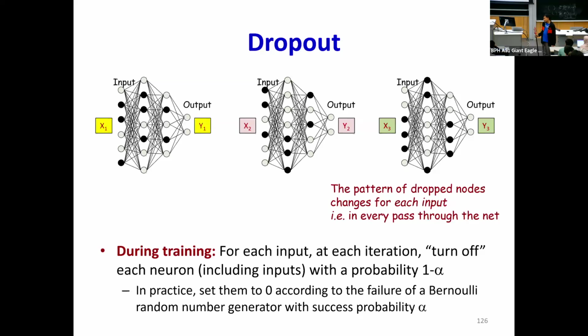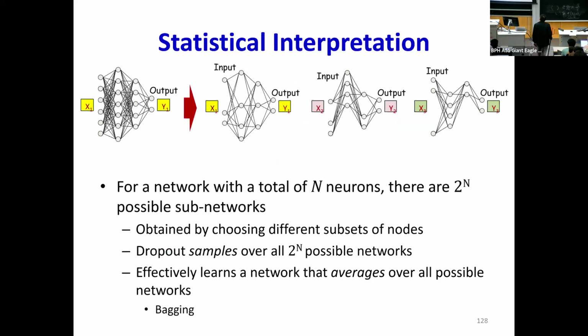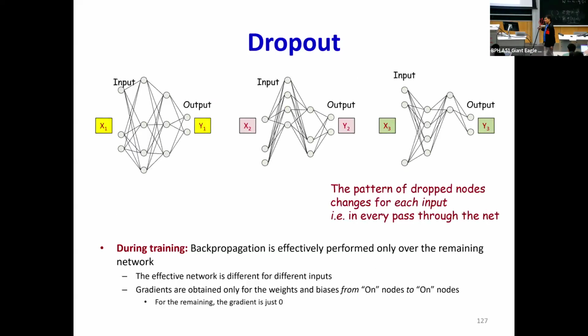And this is shown to really, really improve performance. So what really is happening over here? The pattern of dropped nodes changes for each input in every pass through the net. And when you perform backpropagation, you're only going to be computing gradients over the net that remains when things are switched off.